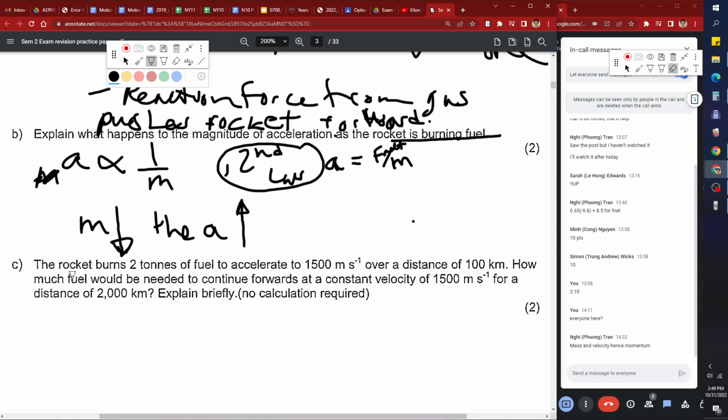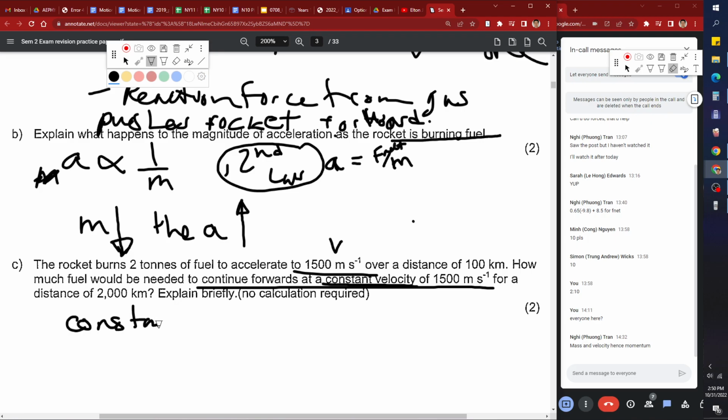Okay, so the rocket burns 2 tons of fuel to accelerate to there is your velocity now, whatever that is. It doesn't really matter that it took 100 kilometers to do it. It says how much fuel would be needed to continue forwards at a constant velocity, and the key word there is constant velocity.